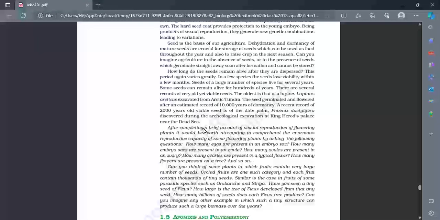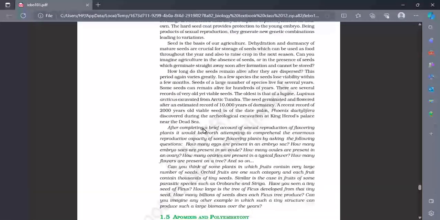Nature has preserved the seed for a very, very long period of time. Many species of seeds can live for hundreds of years. They've given an example of the oldest, a lupine, Lupinus arcticus, excavated from the Arctic tundra. You can understand that the Arctic tundra has a very low temperature, so the seed got protected for hundreds of years.